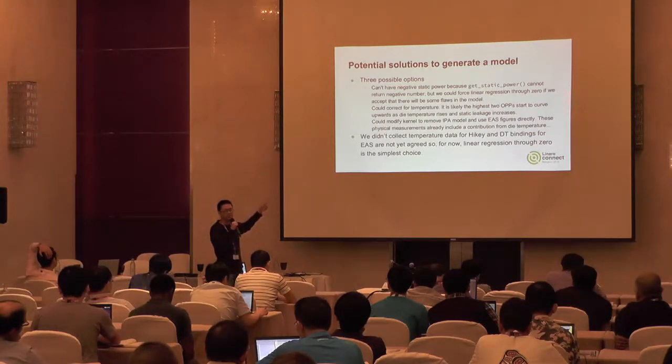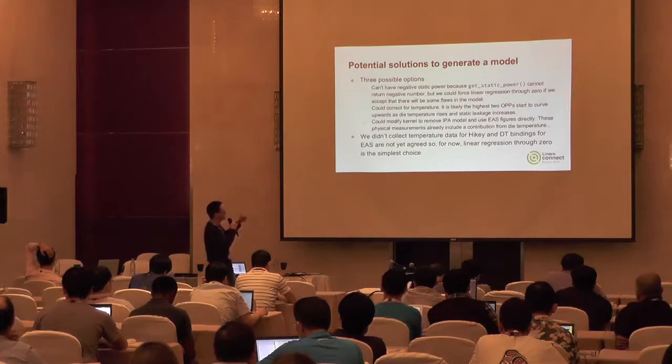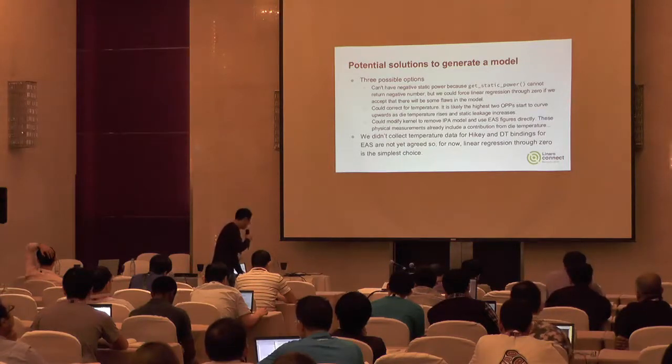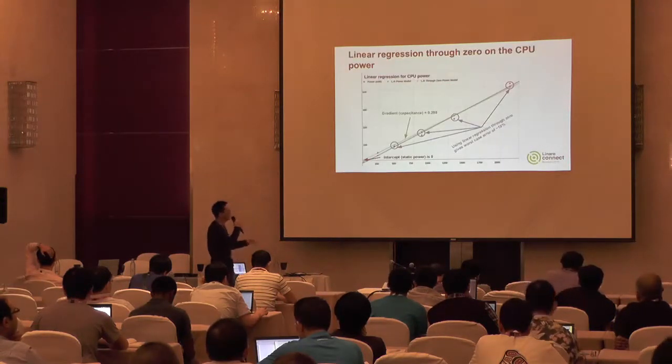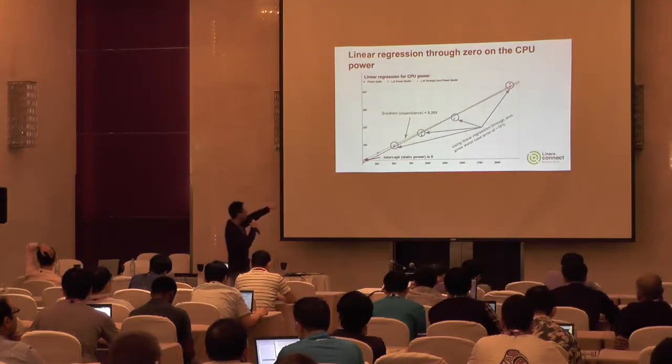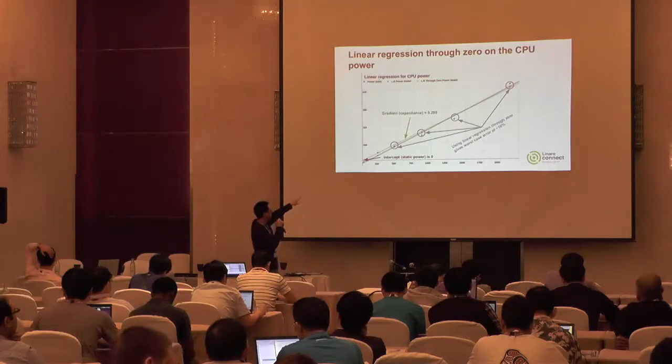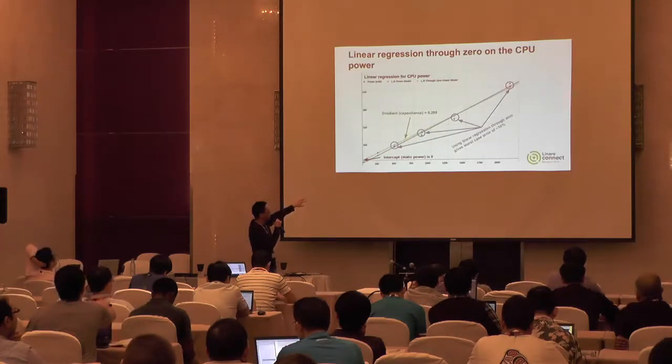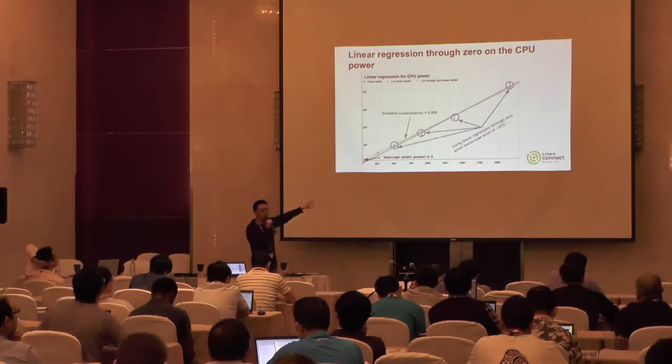We just simplify the power modeling. So we just use the linear regression through 0 method. When we use the linear regression through 0, we get the orange line. If we compare with the pink line, we can see that it will introduce more errors for the modeling.